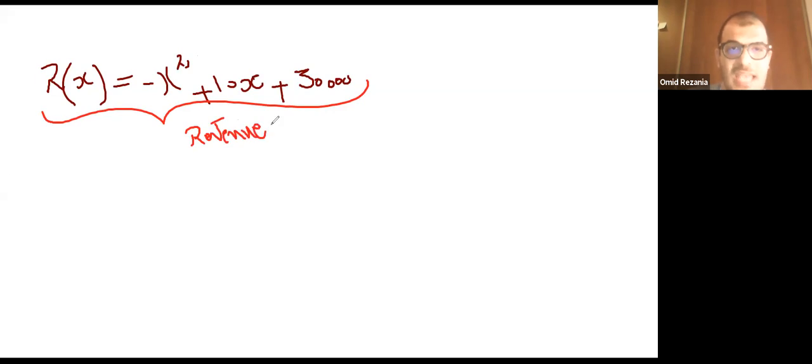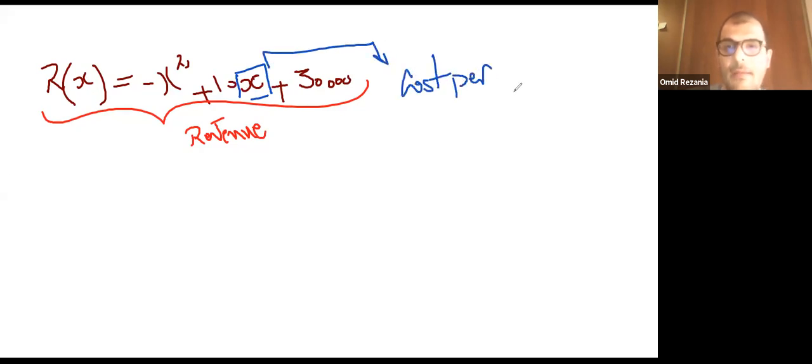As we saw from the course, X is going to be the cost of one package. X is going to be the cost per package. Although this model is not a realistic one, let's go ahead and talk about the maximum.